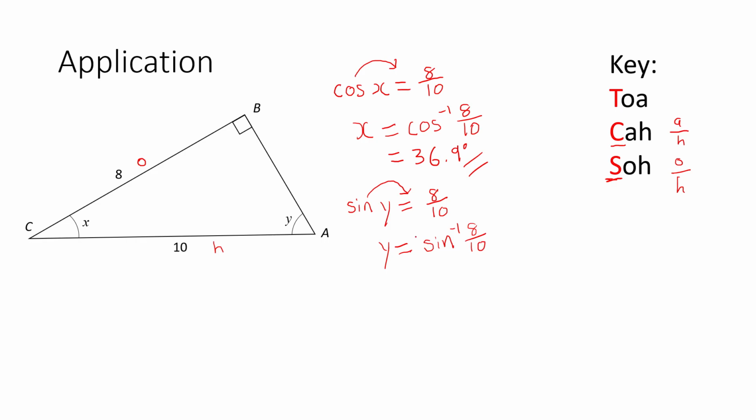By now, you should not have problem finding where is sine inverse. Sine inverse is basically second function or shift sine. Then you type 8 over 10, and you should get Y is equals to 53.1 degree. And this will be your answer. So copy this down.